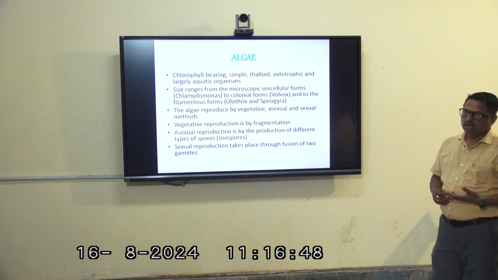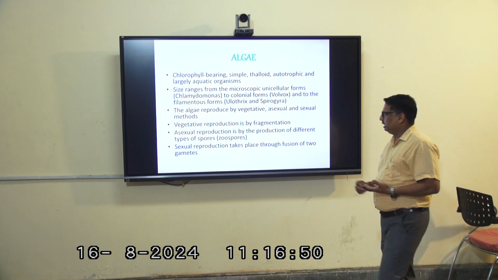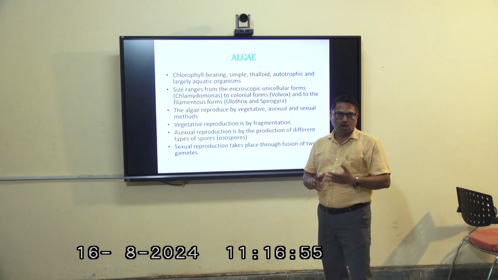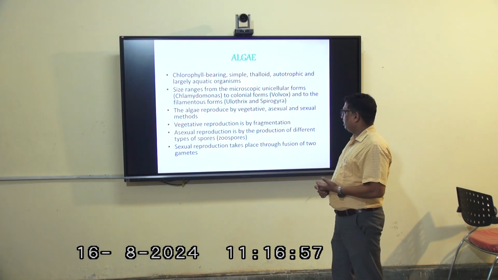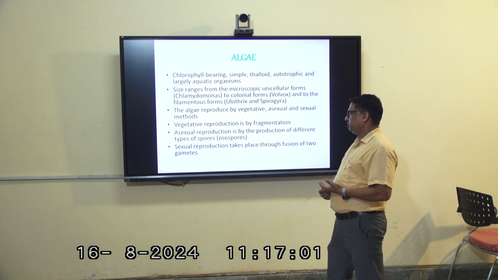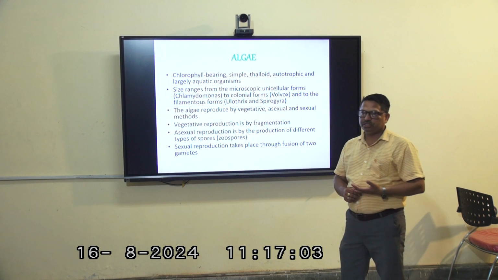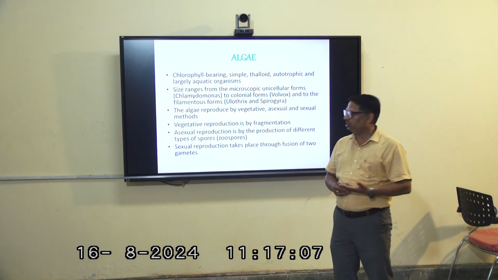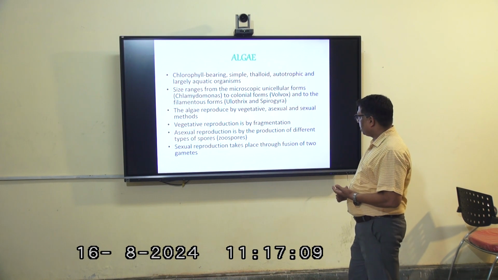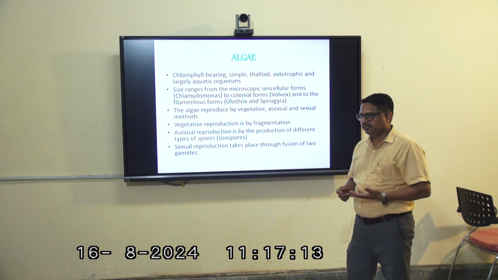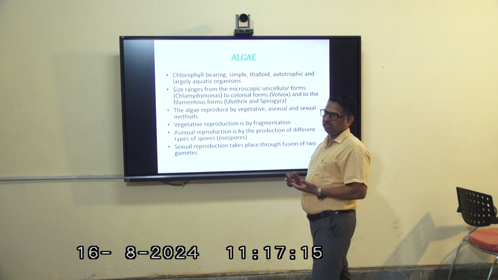Whenever we talk about multiplication, the algae reproduce by vegetative, asexual and sexual forms. Vegetative reproduction is very common, and fragmentation is a common instance. Likewise, asexual reproduction is by the production of different types of spores, zoospores and some other spores, and other forms.